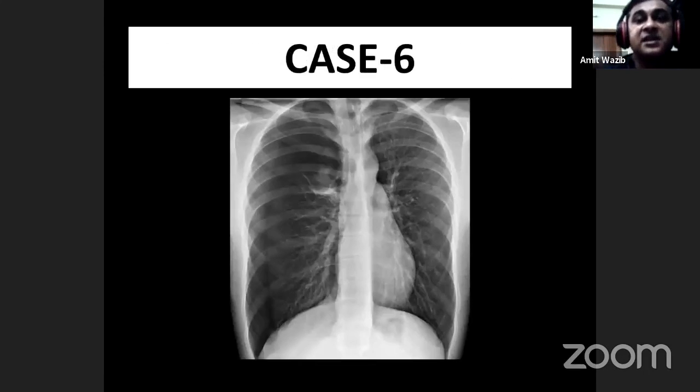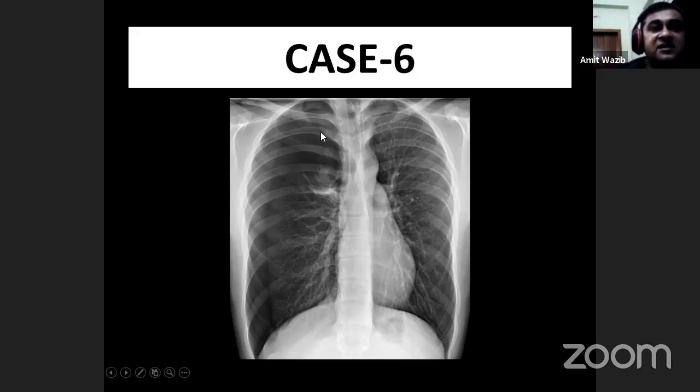So the next case is an X-ray. This is an X-ray chest. Just compare the two sides. On the left side, everything is fine, but if you look carefully at the right side, there is an area in the outer portion. This area has no vascular markings.